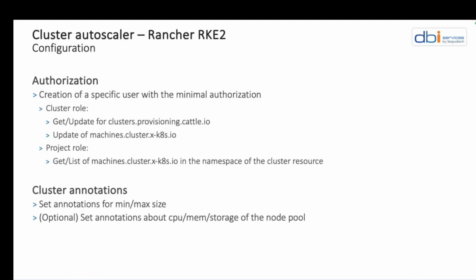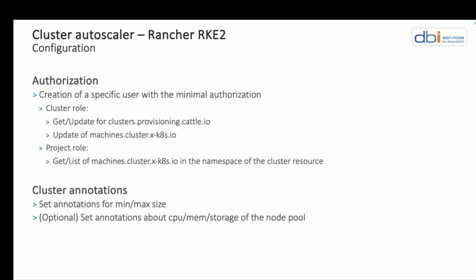And there will also be a project role that will have get and list permissions on machines resources in the namespace that contains the cluster resource. By default, it should be fleet-default from the local cluster, which is the cluster where Rancher is installed.